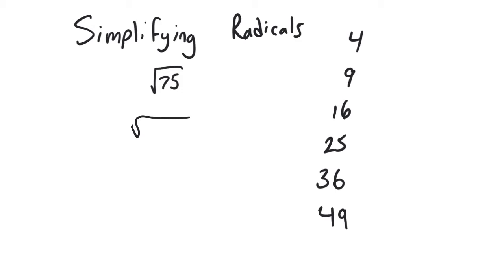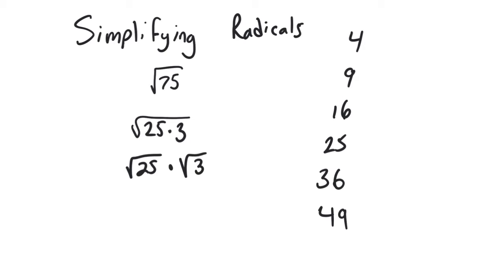It's kind of sloppy. Let me fix that. 25 times 3. If you have this, you can split this up even more, because this is the same as saying square root of 25 times the square root of 3.